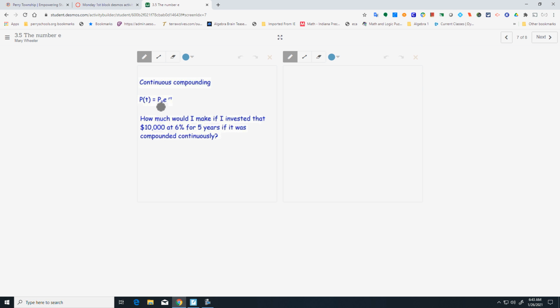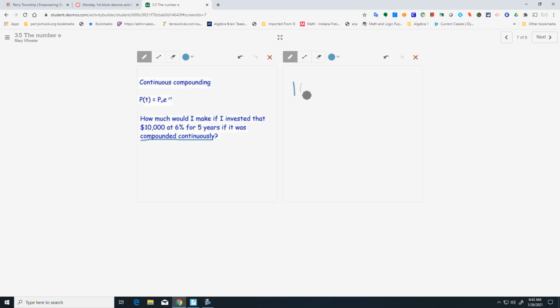You want to use the formula P sub naught times e to the rt, where P sub naught is your starting amount, r is your rate, t is your time. If you see the word compounded continuously, this is the formula that you're going to use. If you see compounded annually, quarterly, monthly, you'll want to use the previous formula that I just gave you.